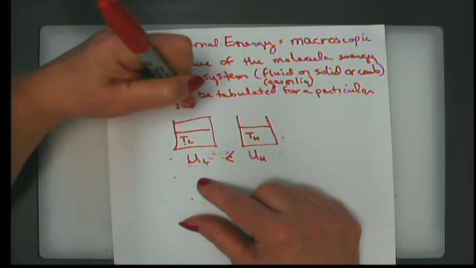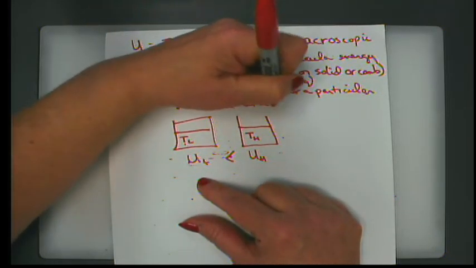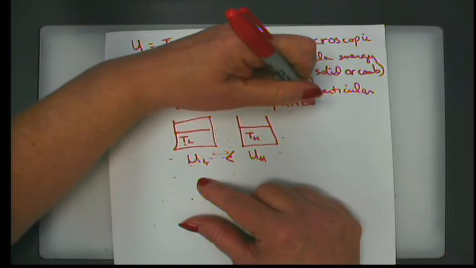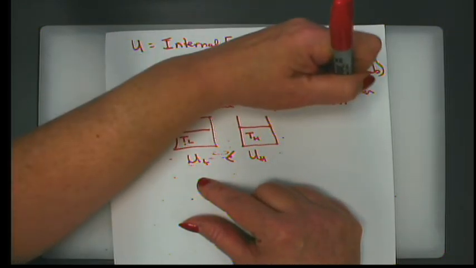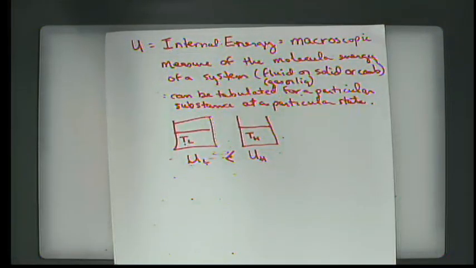substance at a particular state. And if you remember, we talked about a state as being two independent physical properties. So if you have water at 70 degrees centigrade and 1 atmosphere of pressure, you can say conclusively what the internal energy of that water is.